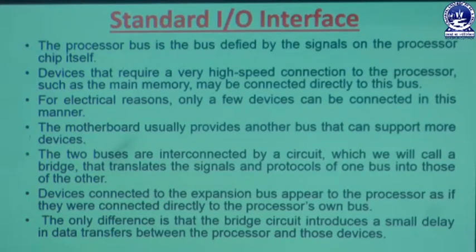Then the only difference is that the bridge circuit introduces a small delay in data transfers between the processor and those devices. So it acts as the processor bus, but the difference is that the data transfer rate is different for the devices directly connected to the processor bus and the devices connected through other buses. The device directly connected to the processor bus gets higher speed data transfer than those connected through the bridge.